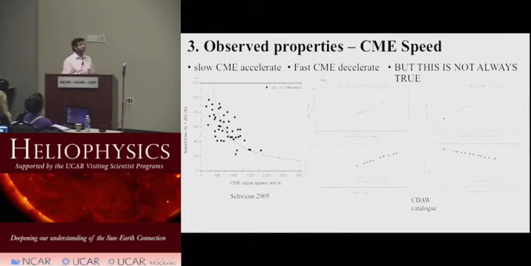And so the idea is, in both of these scenarios, CMEs tend to accelerate if they start off with a speed below the solar wind, and if their initial speeds are higher than the solar wind, they tend to decelerate. So they end up trying to get back to the solar wind speed.